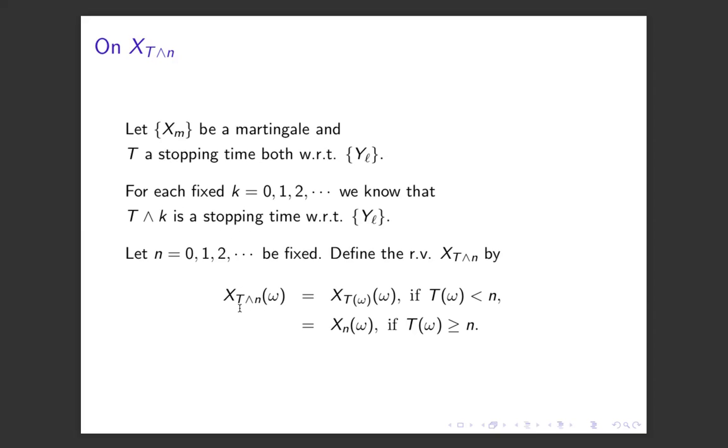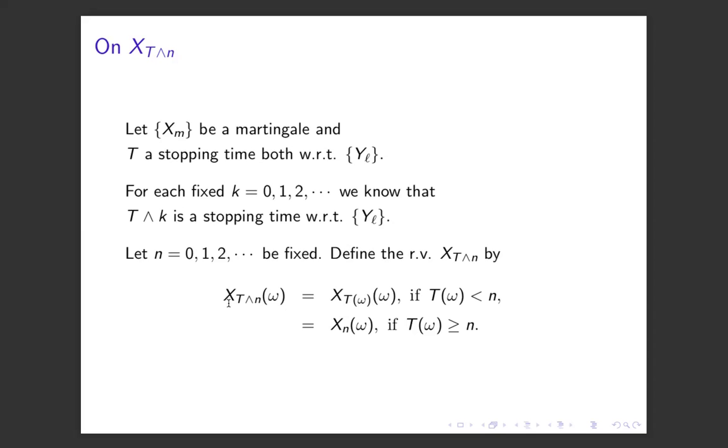T is a stopping time, which means for each omega it has an integer value. Okay, got it.